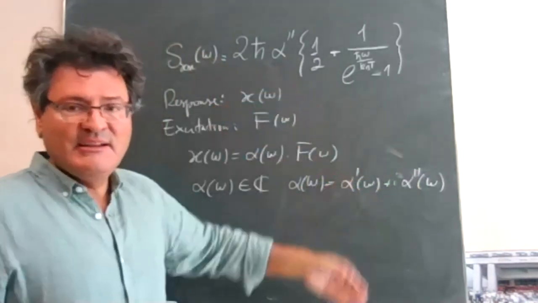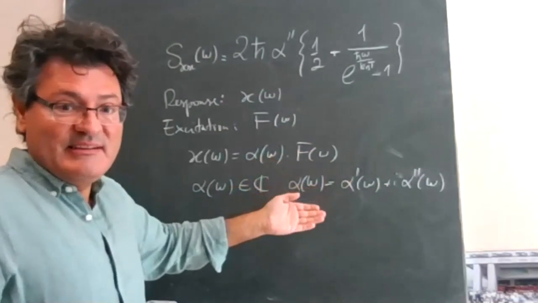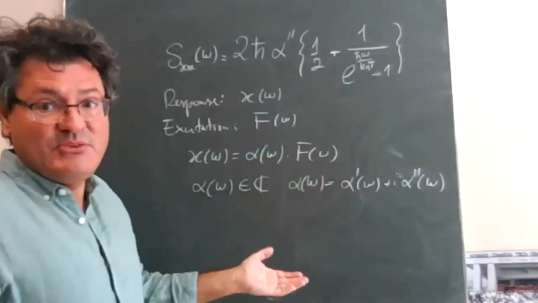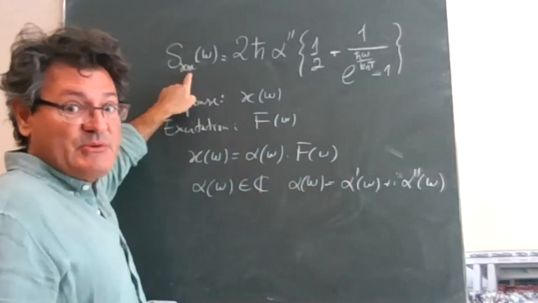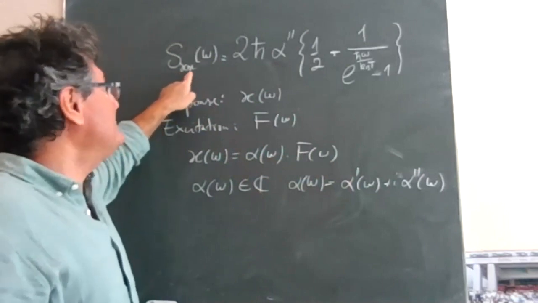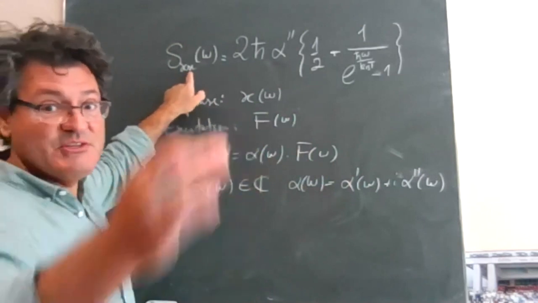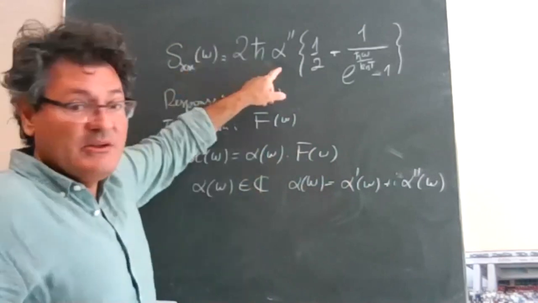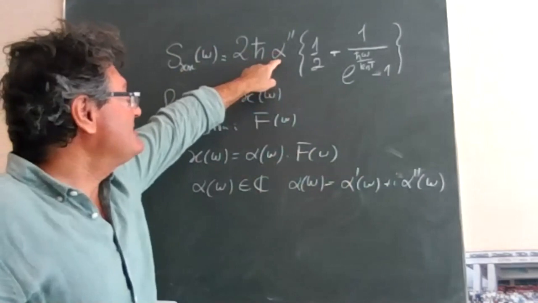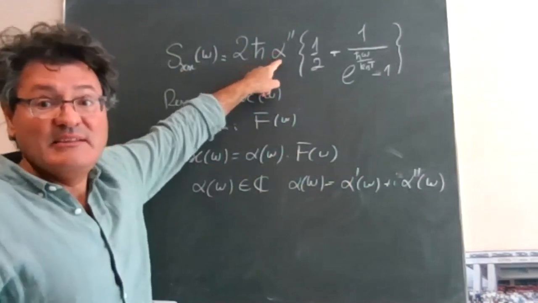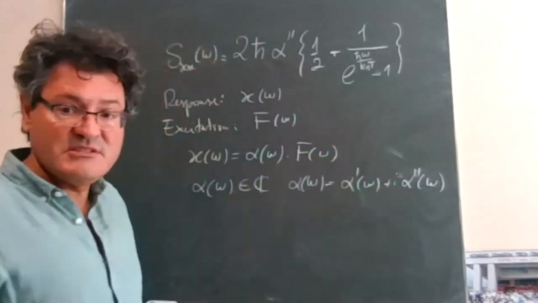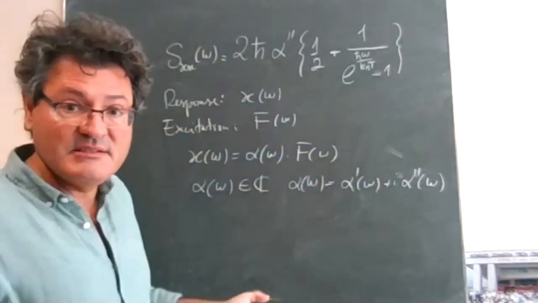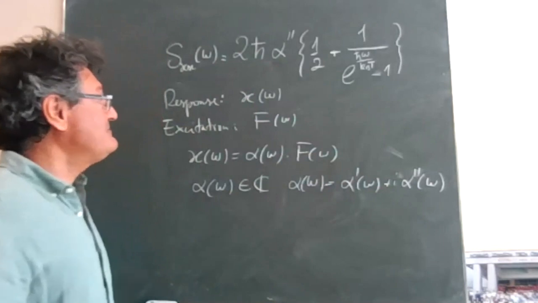This fact gives the name of the theorem, fluctuation dissipation theorem, because this is the fluctuations, this is a noise. We are calculating the power spectral density of the fluctuations of x. And we are going to see soon that this represents the dissipation. The imaginary part of the susceptibility of any system is the dissipation.